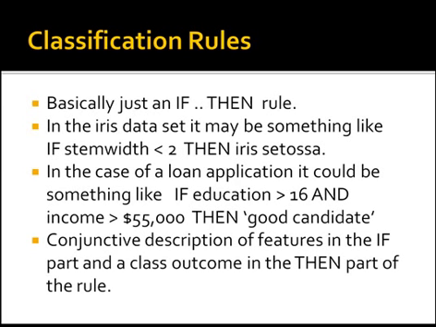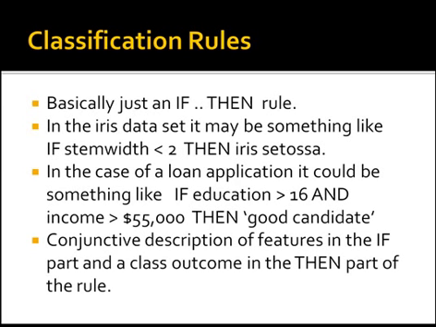So in the iris data set, it might be something like, if the stem width is less than 2, then it's an iris setosa. Or in the case of a loan application, it could be something like, if education is greater than 16 years and income is greater than $55,000, then we have a good candidate for a loan.